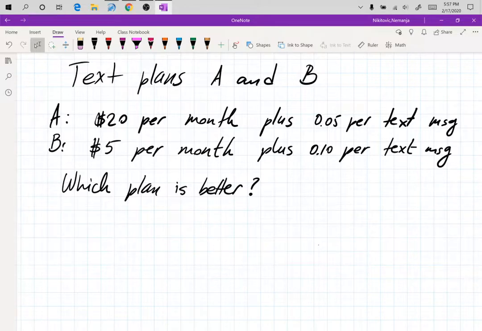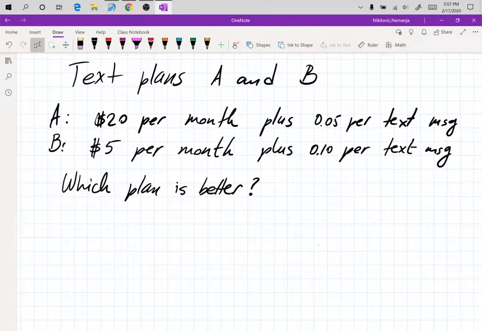And now, why am I asking that? Because clearly, we would know which one is better if I knew how many texts I'm going to send in a month.